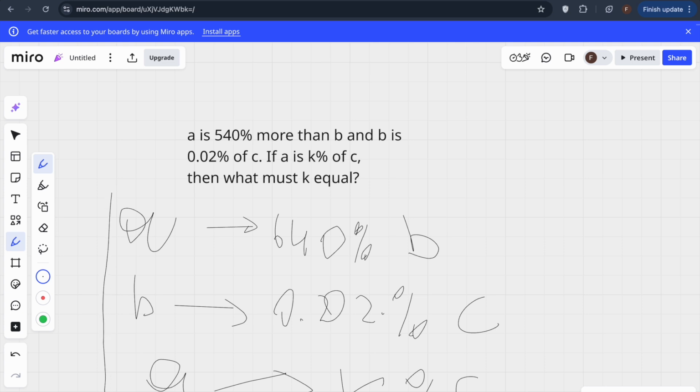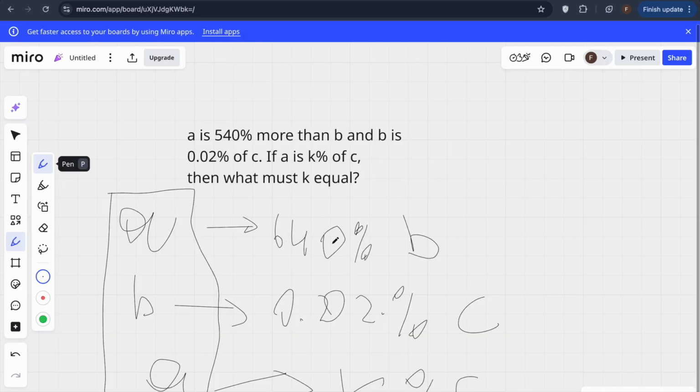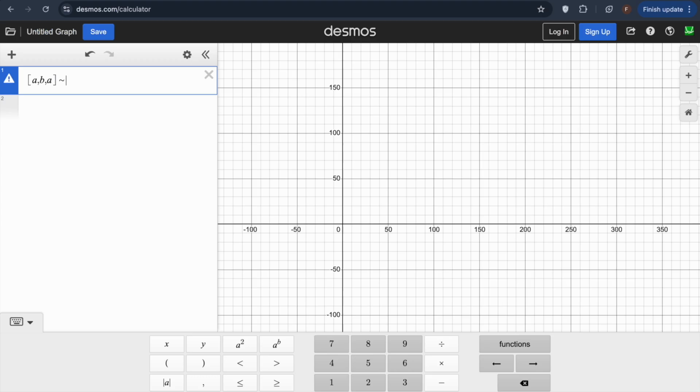In Desmos we need to firstly, in one fraction, add all the numbers A, B and A in that way. Like we open a fraction, type A, B, A, and then in the second part we need to put all the values, all the information that we have. So we know that A is 640% of B. And how can we convert it into percentage?